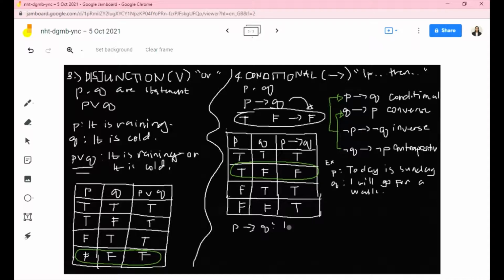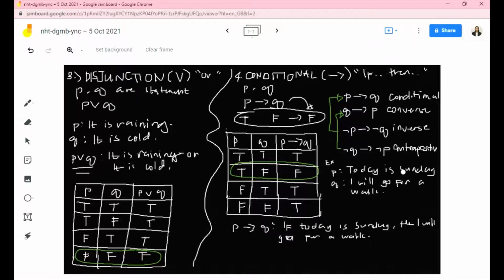So we'll have if first, followed by our statement P. If today is Sunday, then I will go for a walk.